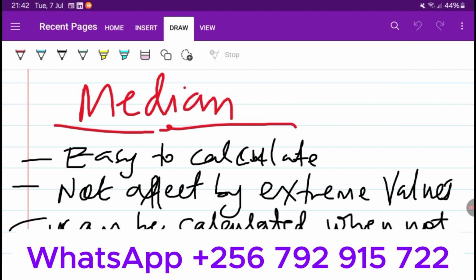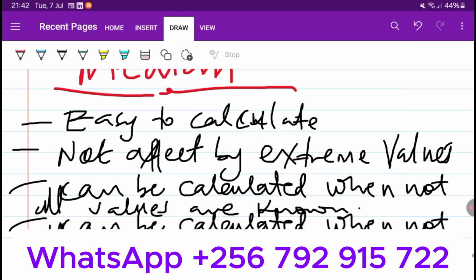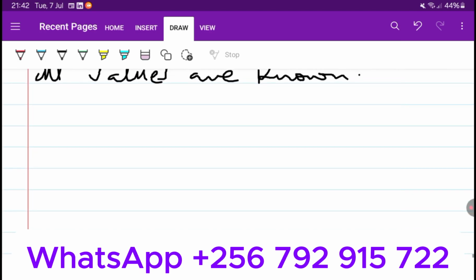So this means that it may not consider all the values in the distribution. We shall be seeing how we can compute the median.